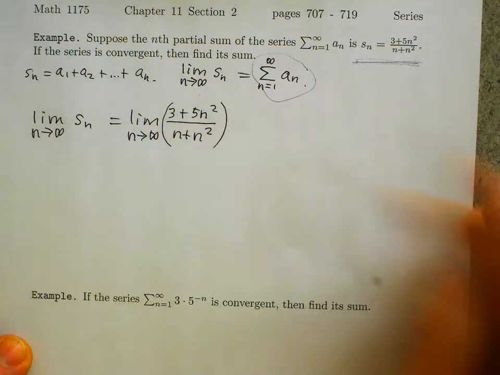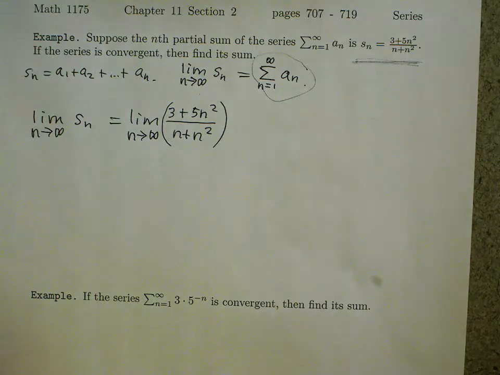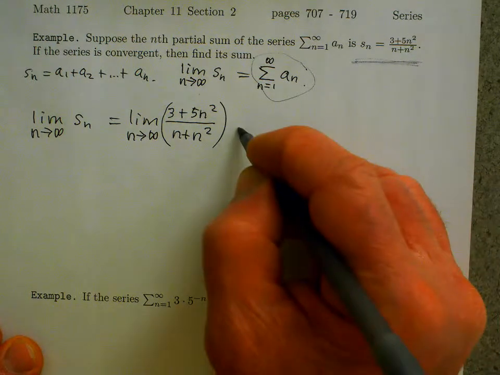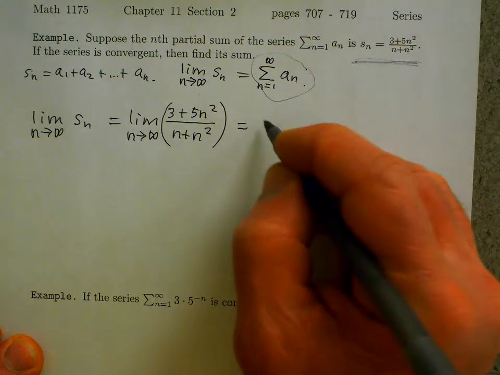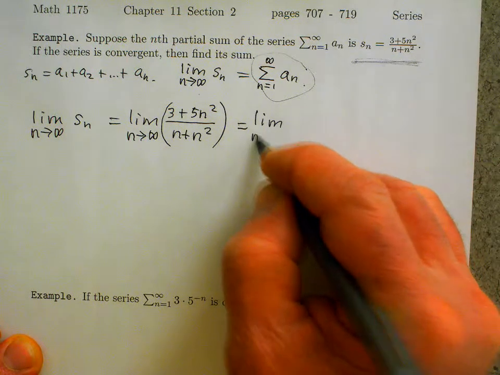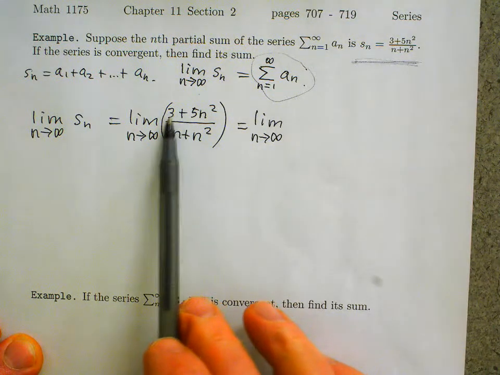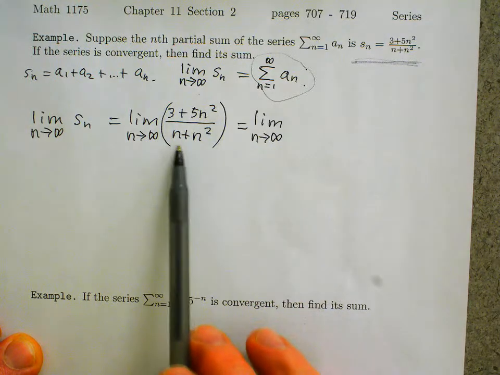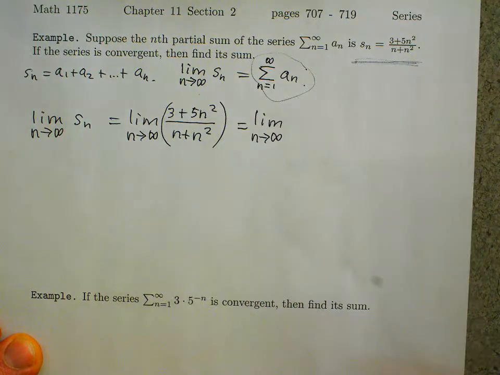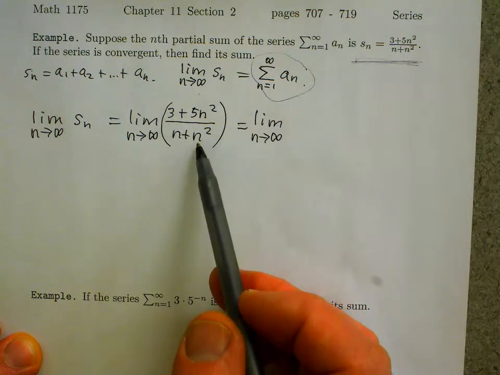Okay, so what about the limit of (3 + 5n²)/(n + n²)? One of our techniques for computing limits works really nicely if you have a polynomial in the numerator and a polynomial in the denominator. The term with the largest exponent in the denominator is n².